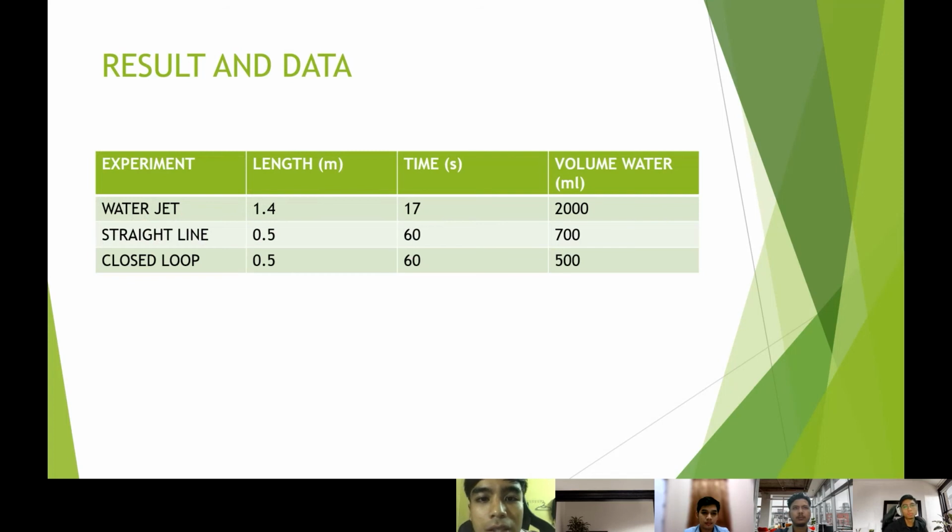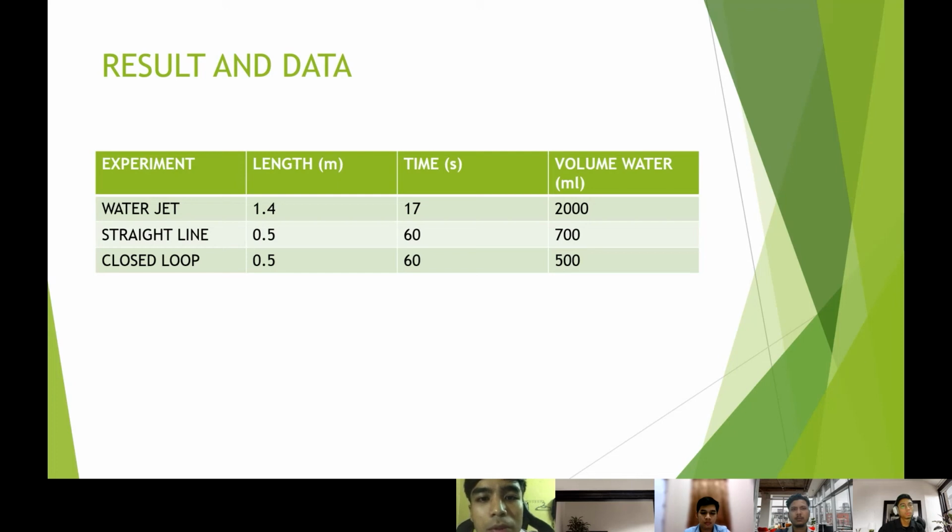Okay, next, let's see the results and data. For the water jet, we put the length 1.4 for Z, and we get 17 seconds for the water to reach 2000 milliliter.